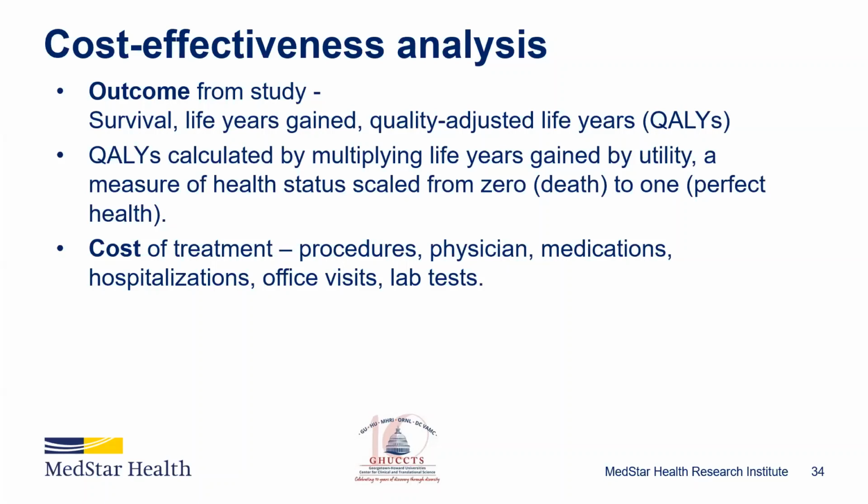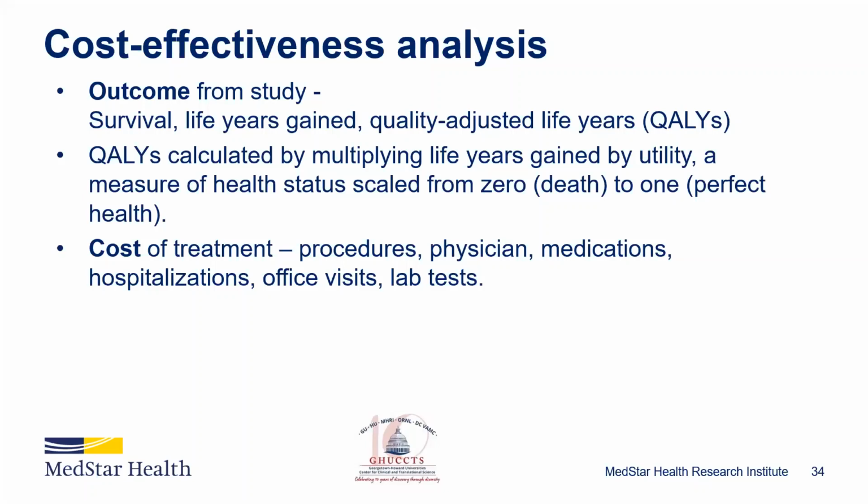Sometimes if you don't have that on a patient level basis, you have to use other databases where they give average utilities given age, sex, or whatever other demographics or comorbidities you might want to include.